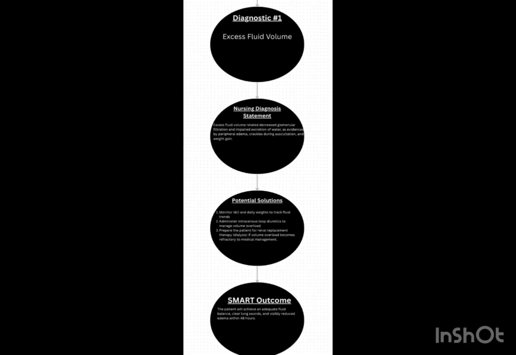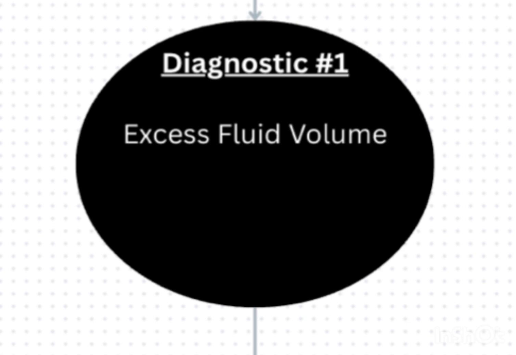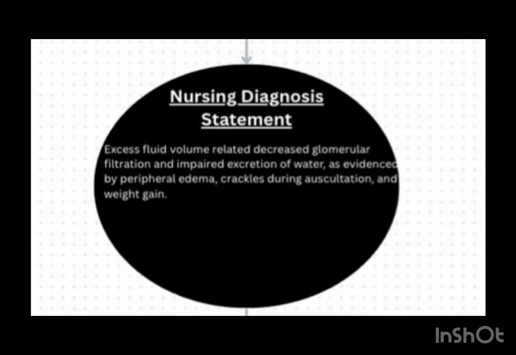All right, so what do we do, right? There's some diagnoses, right? So one, I say excess fluid volume. Now, remember, I chose this because the patient is demonstrating a failure to excrete water and filter waste properly. And so this can be as evidenced by peripheral edema, crackles during auscultation, and rapid weight gain.